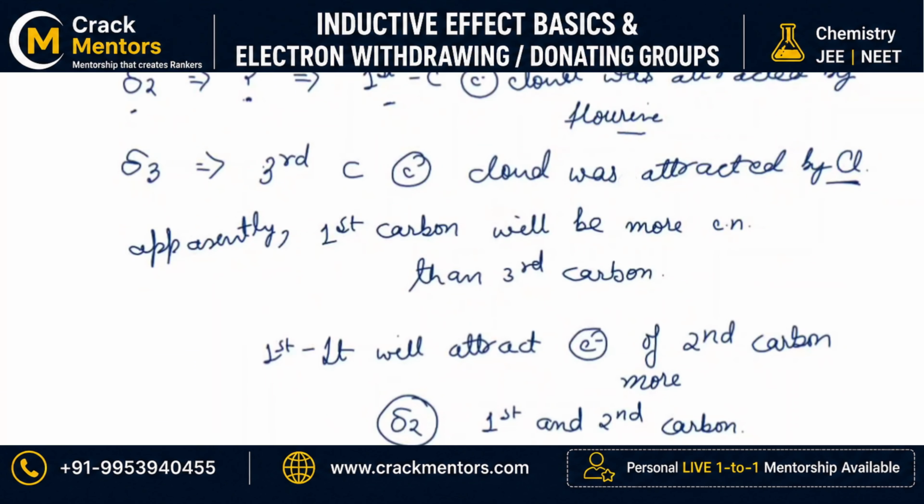Then comes the third carbon. So third carbon is deficient of electron. It will attract electrons of second carbon. But third carbon is not as much deficient as first carbon is, because in the third carbon the electrons are attracted by the chlorine, which is less powerful.